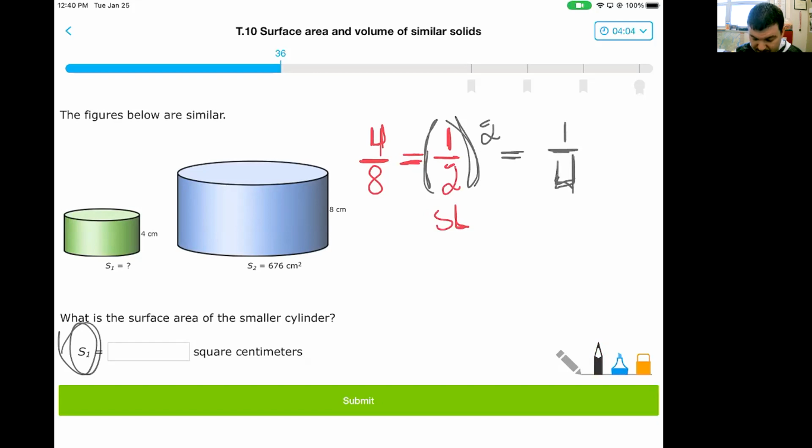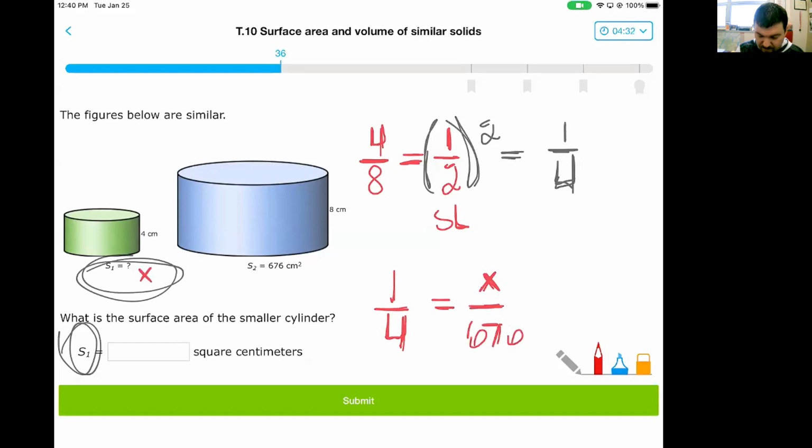Okay, but that's not my answer here. My answer is, what is the actual surface area? So this is where I can use that ratio now. If my surface area ratio is 1/4, the proportion I would set up is I would start by putting the smaller surface area on top, which I don't know. So there's my X because it's missing. And I would put the larger surface area on bottom, which is 676.